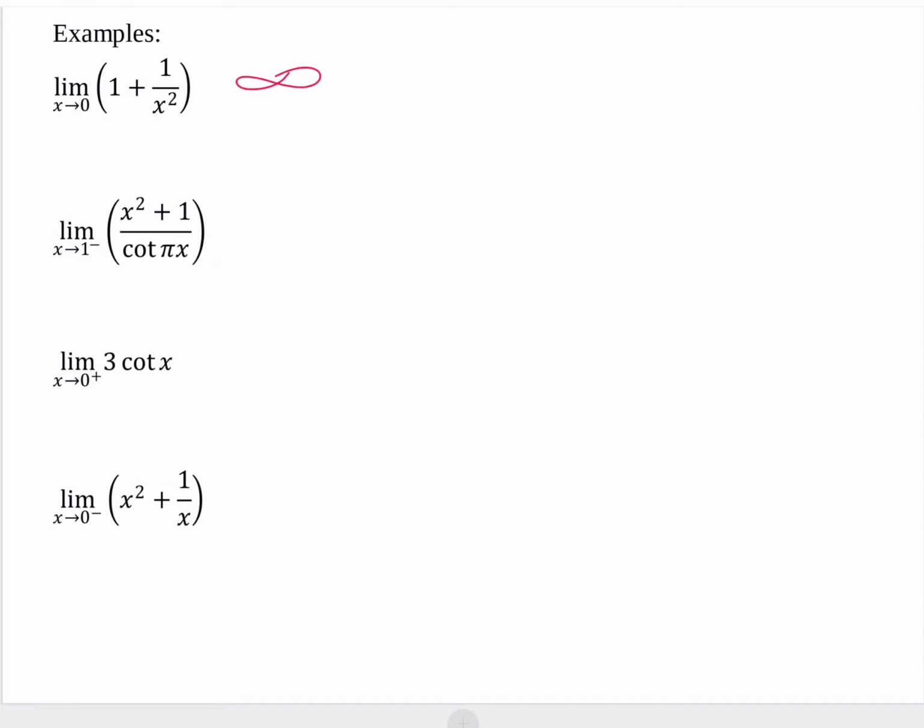The next one, we have the limit as x approaches 1 from the negative side of x squared plus 1 over cotangent pi x. First of all, what's cotangent? Cosine over sine.